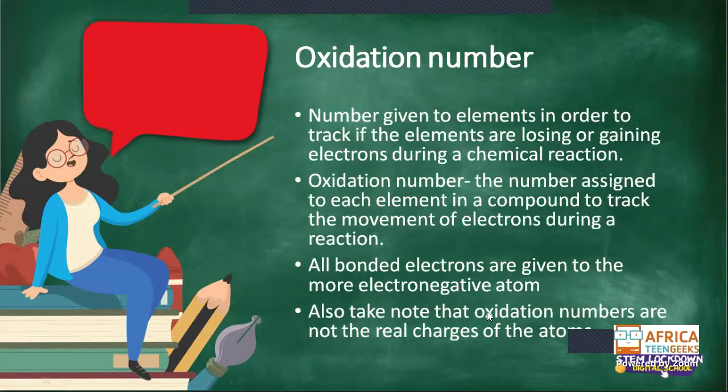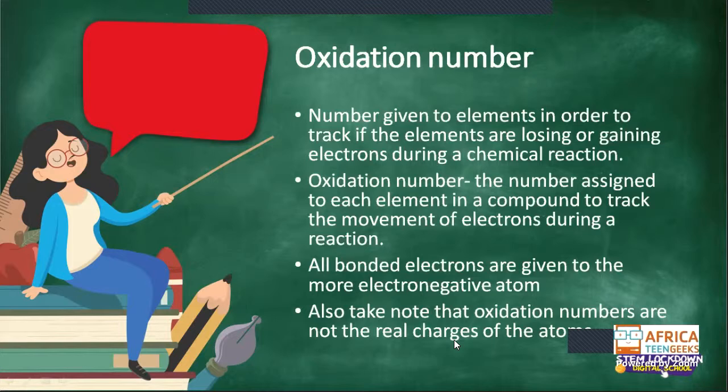And also take note that oxidation numbers are not the real charges of the atom. What do they mean by this? You'll see your charges sometimes, for example, Mg gives you 2 minus. With charges, for the ions, the 2 minus means charges, and the -1, for example, will be your oxidation number. So the minus sign is before the number for oxidation number and after the number for charges.